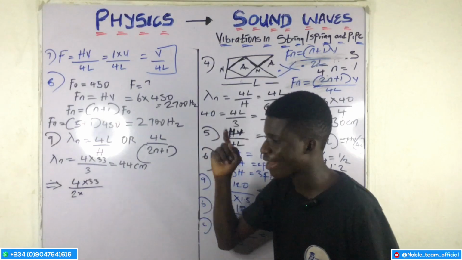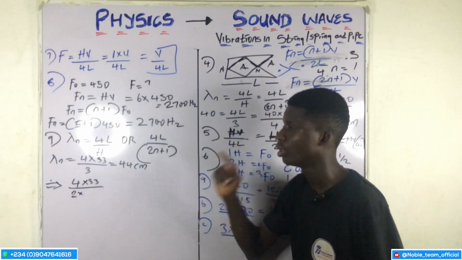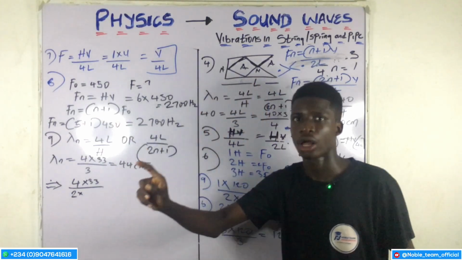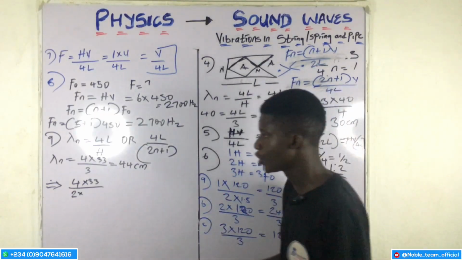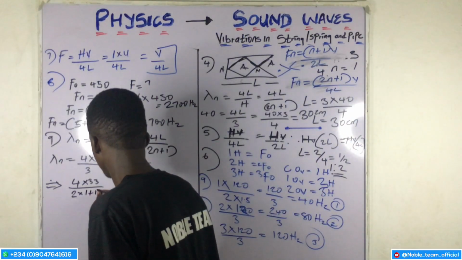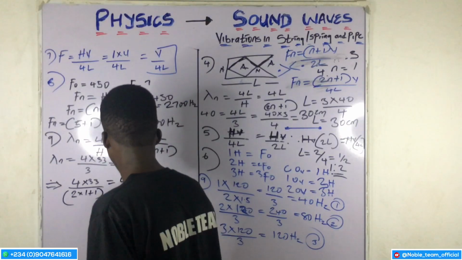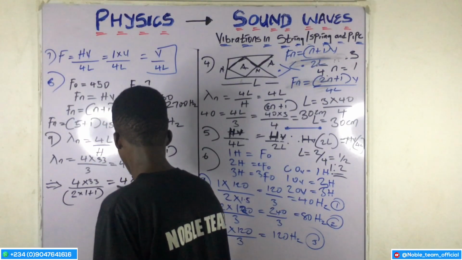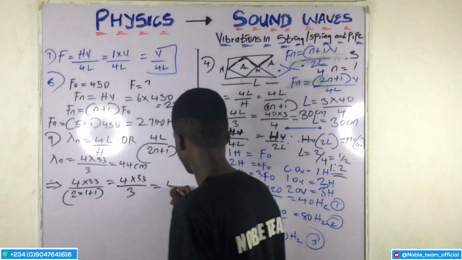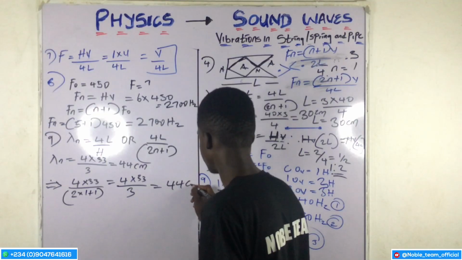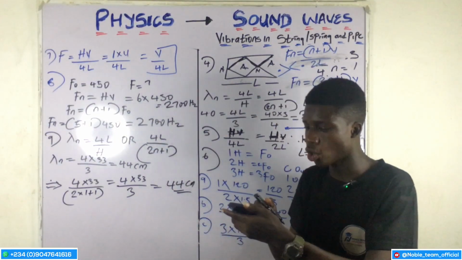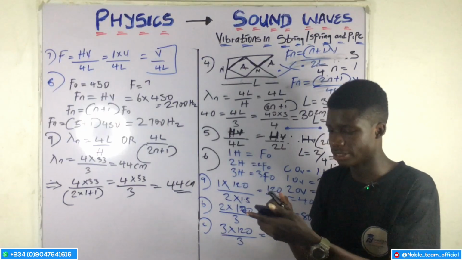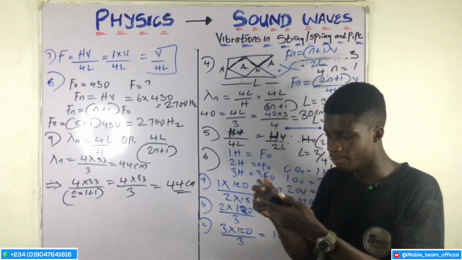Because overtone 0 is 1 harmonic, then overtone 1 is 3 harmonics. So it's going to be 2 times 1 plus 1, and this is like saying 4 times 33 over 3. And when you divide, you still have 44 centimeter. And this is your final answer. And we have it that option B is correct.